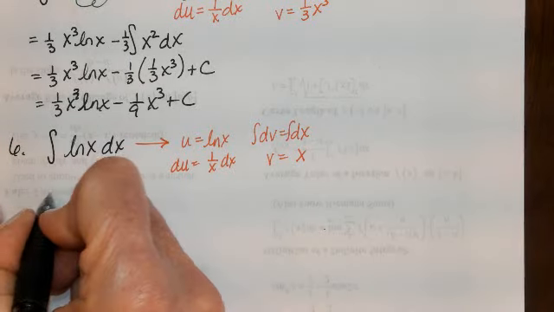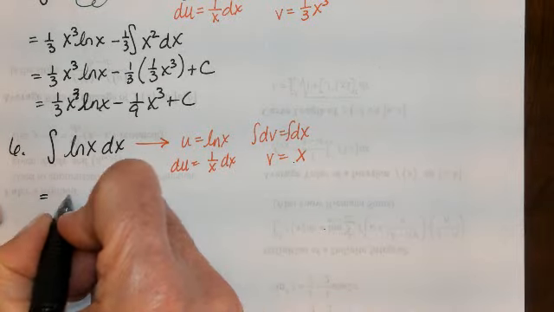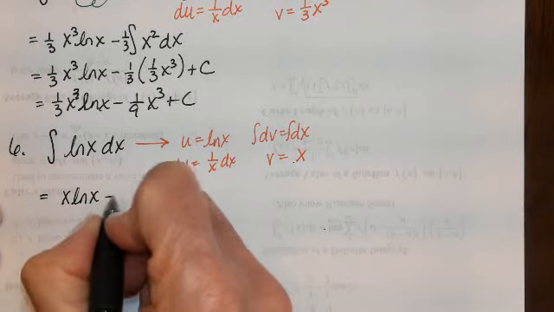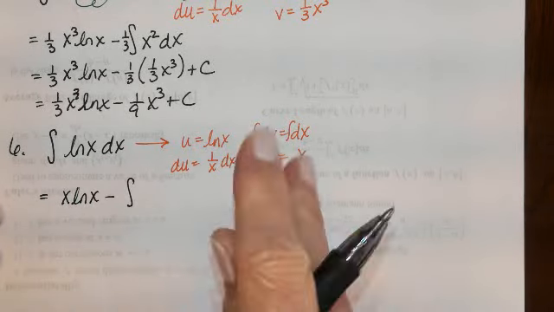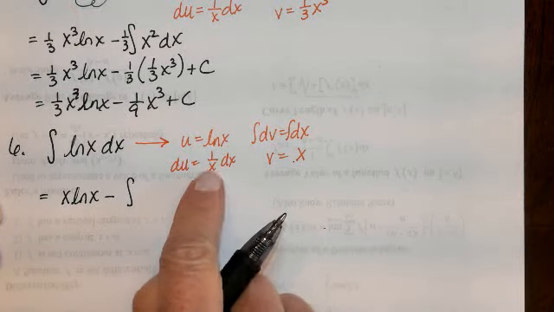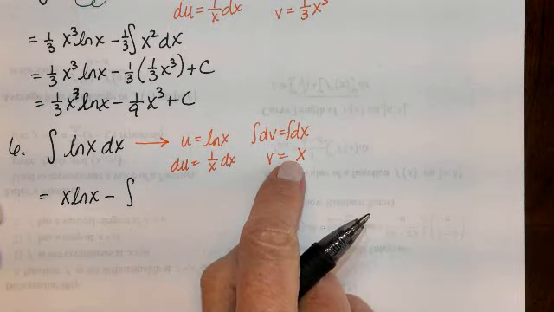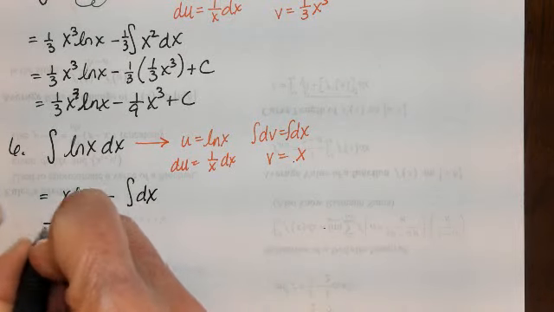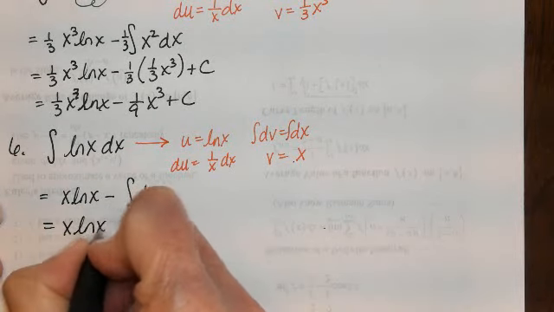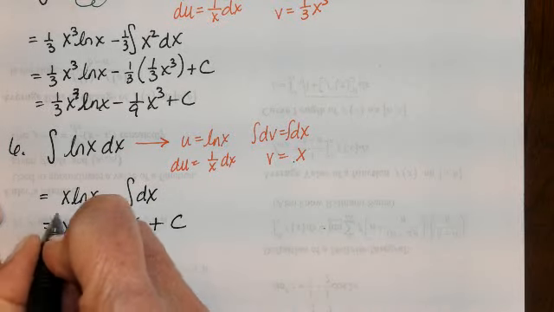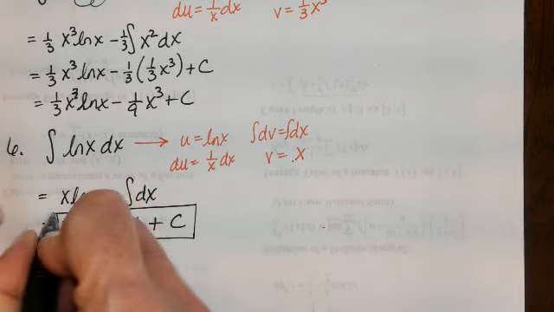So over here we have uv, x log x, minus the integral of v du. Well, 1 over x times x is just 1 dx. So this is x log x minus x plus c.